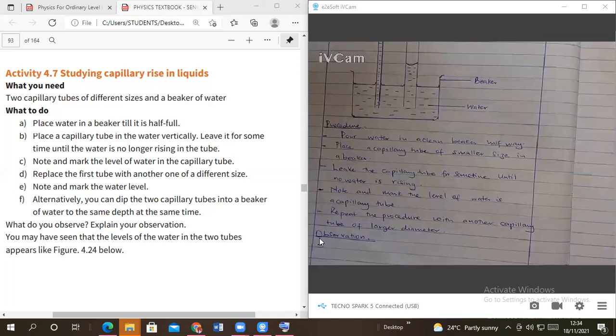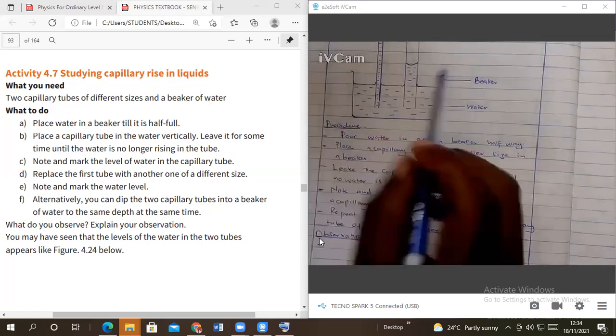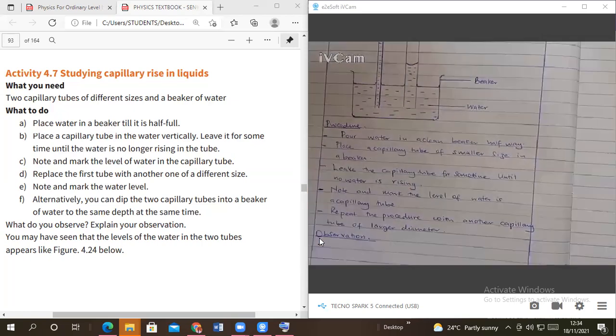Ruben, say something before the cock crows. Ruben? Yes, say something. So what do you observe? What is our observation here? Ruben? Yes. What is your observation here? Teacher, a minute. A minute?